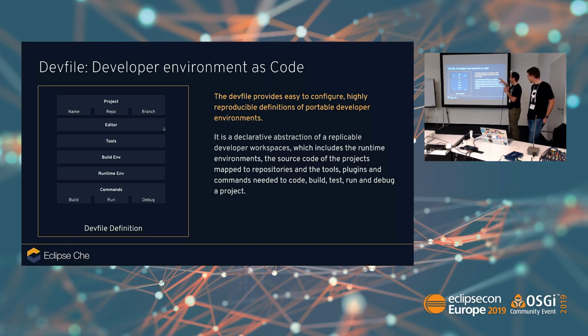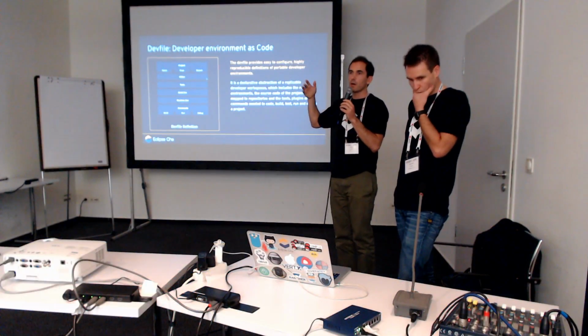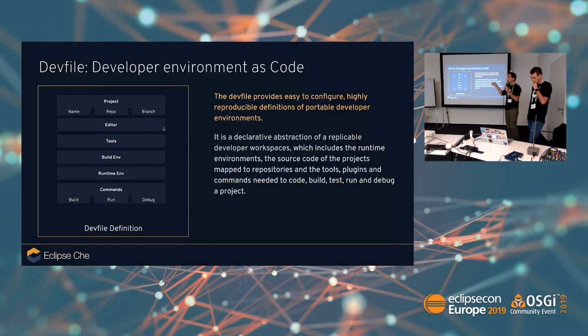The second part is the components, and the components can be the editor, it can be Theia, or it can be something else. The tooling, so a container that contains all your development tools like Maven, the JDK for Java, or other tools for other languages. It's something that the user defines, so he can bring his own tooling container inside his workspace.